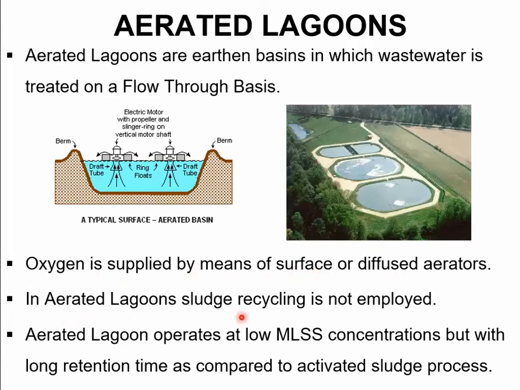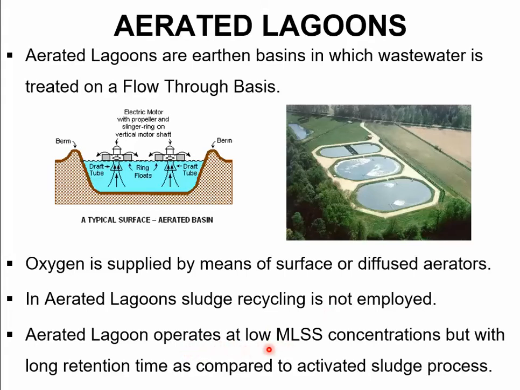In aerated lagoon, sludge recycling is not employed as stated earlier. And since the activated sludge contains living organisms, bacteria, if it is not recycled, it means the concentration of bacteria in the aerated lagoon would be far less as compared to the activated sludge process.